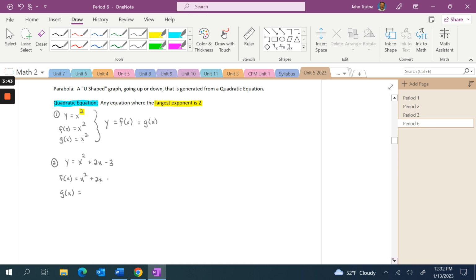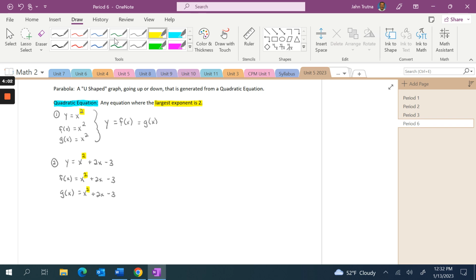So all 3 of these equations really are 3 different ways to represent the same equation. Either way, every single equation's largest exponent is 2. That makes these quadratic equations.